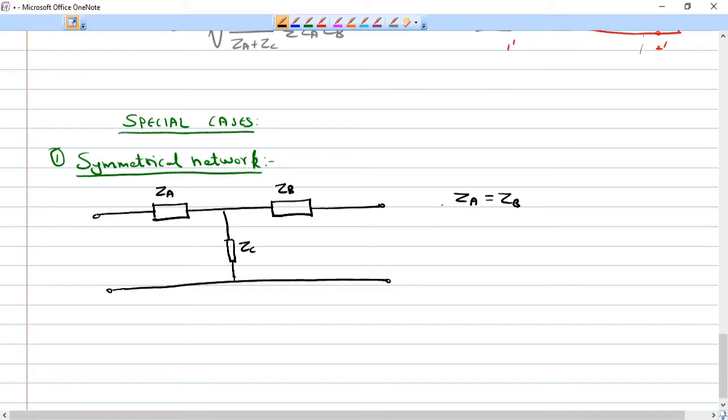So that we'll see. We know the general expression for iterative impedance ZT1 is equal to half of ZA minus ZB plus root of ZA minus ZB the whole square plus 4 sigma ZA ZB.